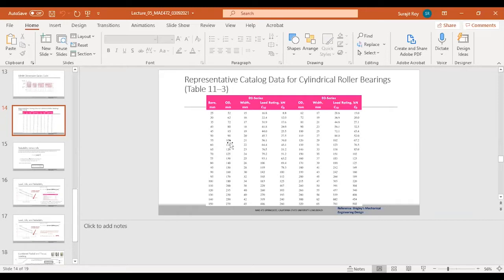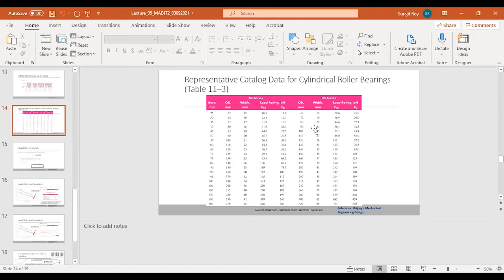Now, if the design constraints are that you cannot exceed 90 millimeters for the OD, then what will you do? In that case, you will look for some other series. For example, in the 03 series, I will see which bearing will give me 50 kilonewtons, which I found to be this one, a bore of 40 millimeters dia.